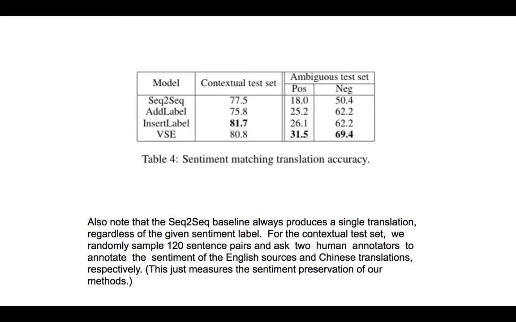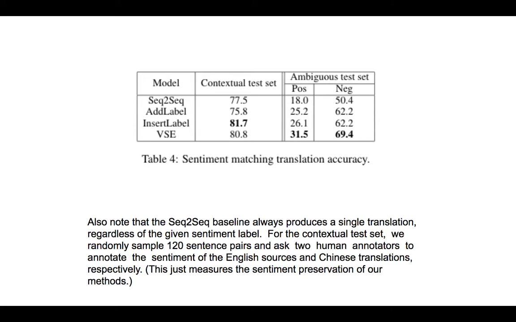So for the majority of the words in the ambiguous test set, they are more commonly used as negative, so the negative matching accuracy is higher than the positive one. And we can see that after using our proposed methods, there is an increase in the sentiment matching accuracy.